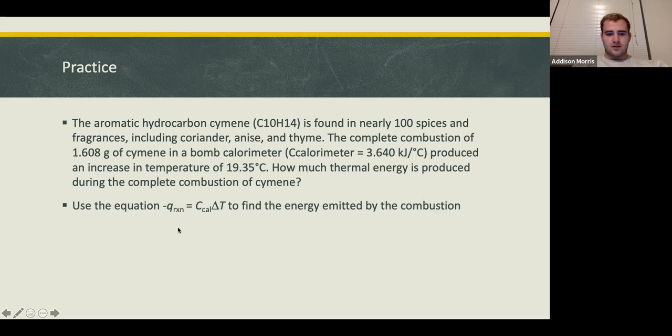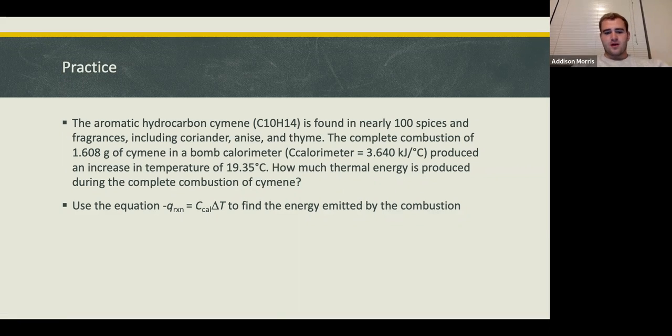So we're going to use this equation. The negative Q of the reaction is equal to the heat capacity of the calorimeter times the change in temperature. And then we find out how much energy is emitted by the combustion. Let's plug that in. It'll be 3.640 times 19.35.